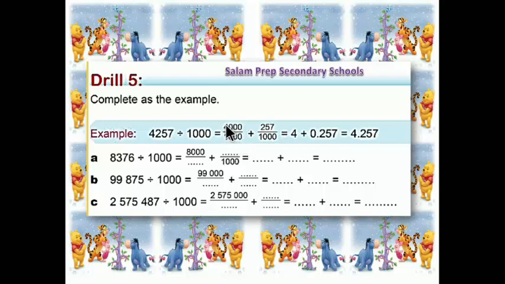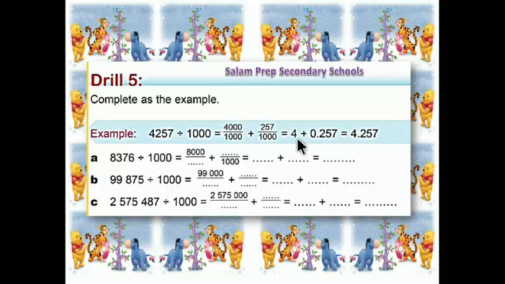We can remove 3 zeros with 3 zeros. 4 divided by 1 equal 4 plus 257 over 1,000 equal 0.257.